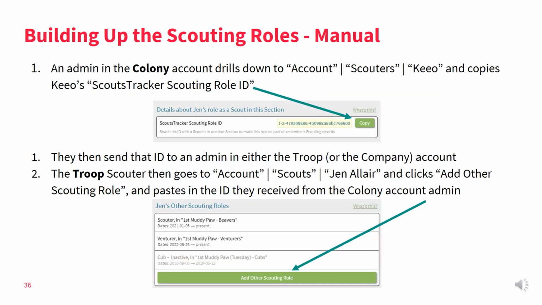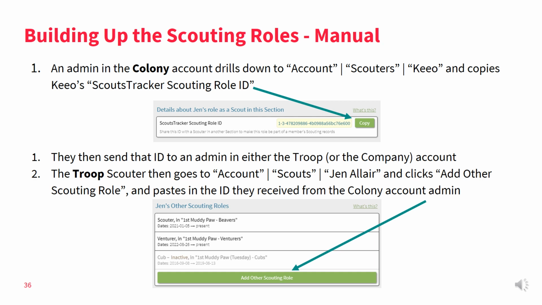The way this feature works is, if you drill down to any member, for example account Scouters Keogh, and scroll down to a description of their current role in this troop or this section, you'll see a ScoutsTracker Scouting Role ID value and a copy button.